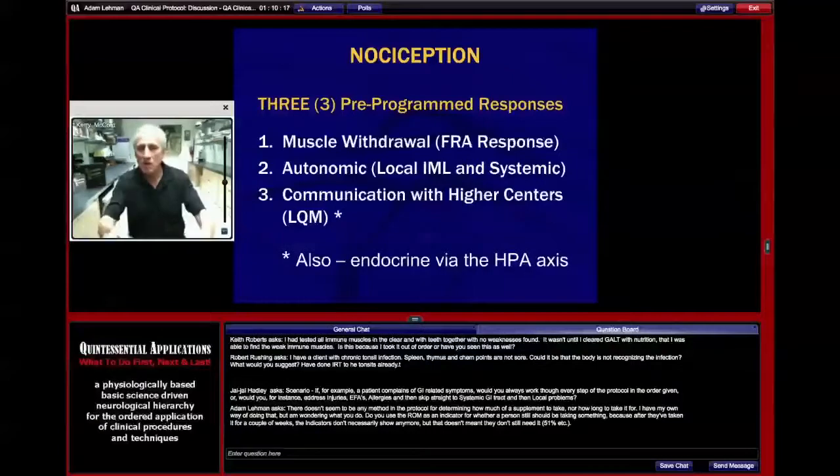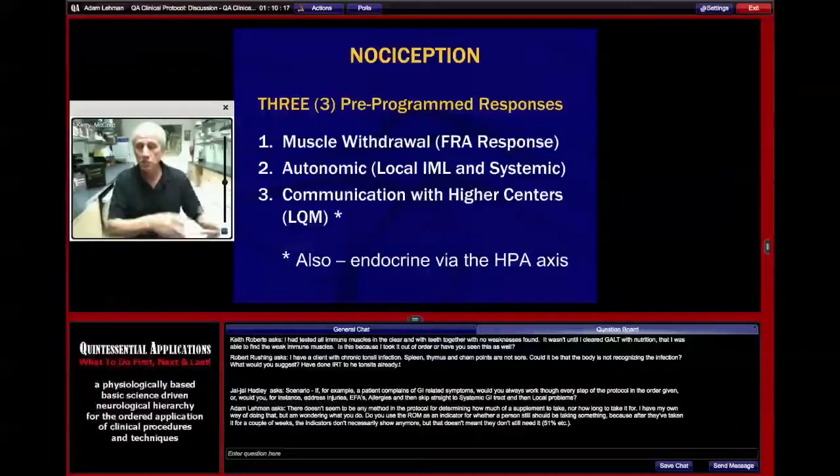Well, we remember that nociception has three pre-programmed responses in the spinal cord: a muscle withdrawal response, or a flexor reflex afferent response, an autonomic response, that's local intermediolateral cell column response, and a systemic autonomic response as well.